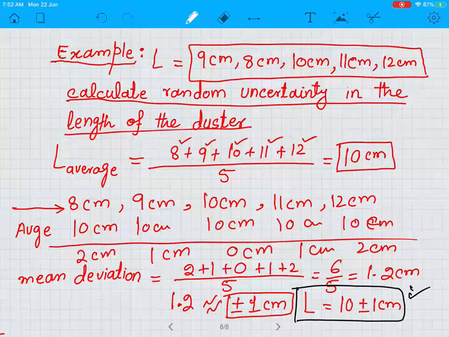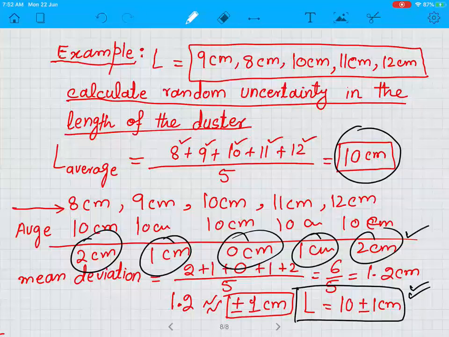So whenever you have to calculate the random uncertainty, take the average value, then take the deviations. After calculating the deviations, calculate the mean deviation, and here the mean deviation was 1.2 centimeter, but the random uncertainties are written up to one significant figure. That's why it is written as plus minus 1 centimeter. Up till now, we have seen how to calculate the random uncertainty in the raw data or in a reading.